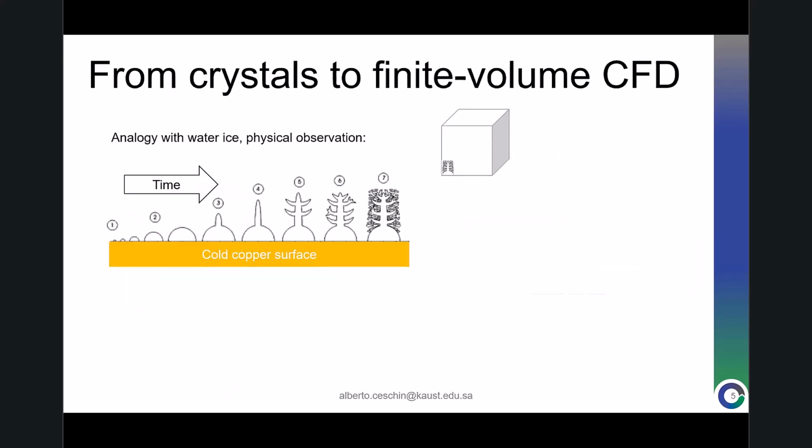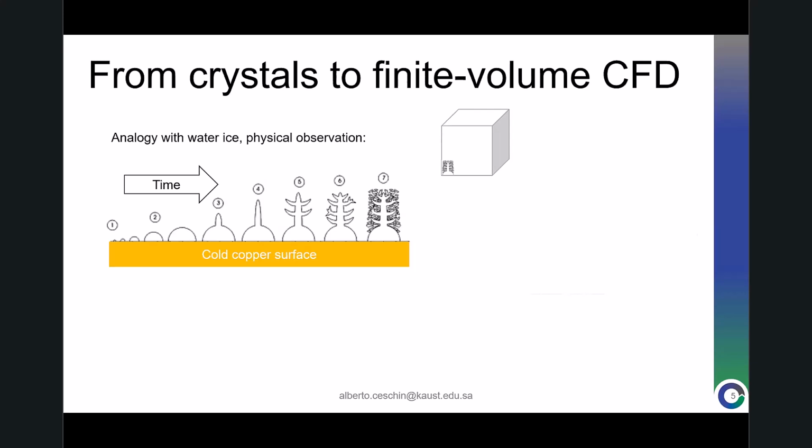So we started looking into CFD, and there's a lot of work that has been done already with water and ice. Today we can see that if we have a cold surface with humid air, we will have droplet nucleation at first, and then dendritic growth.